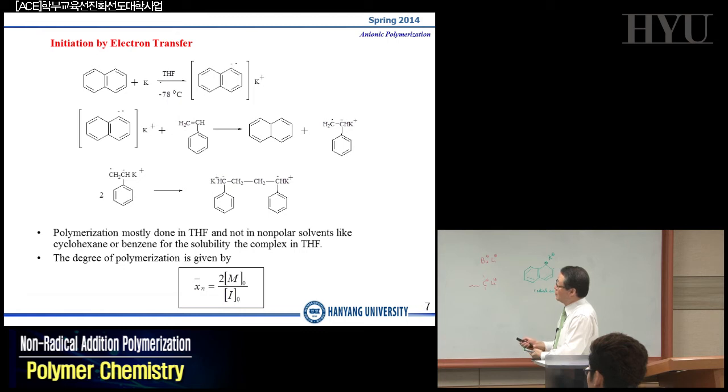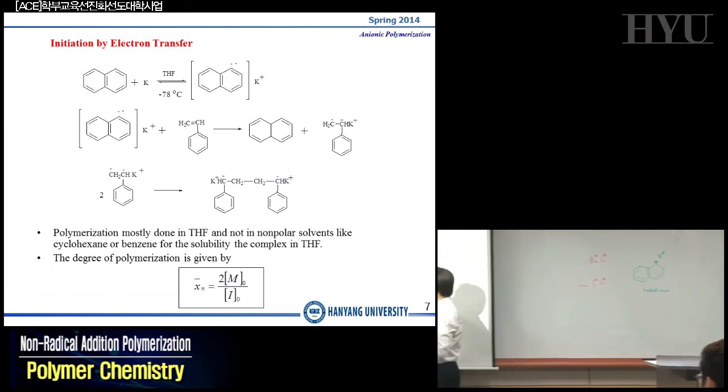So you form another radical anion here, and two of these radicals will come together to form a covalent bond. One of the radicals forms the covalent bond, but at the end of your chain you still have the carbanion.